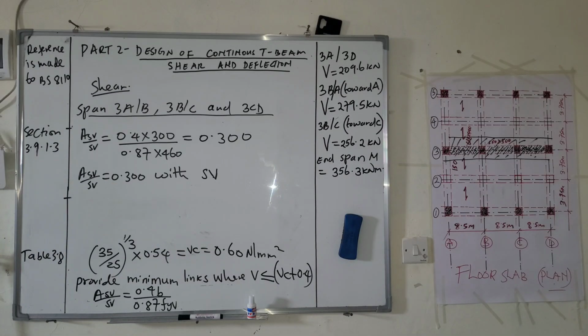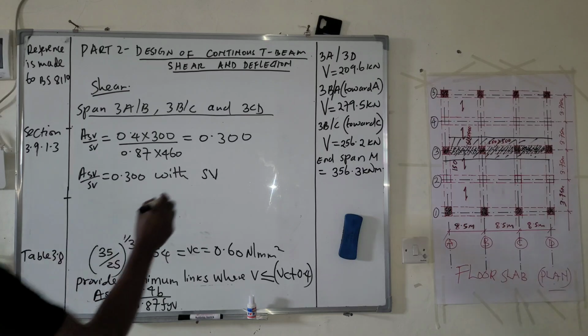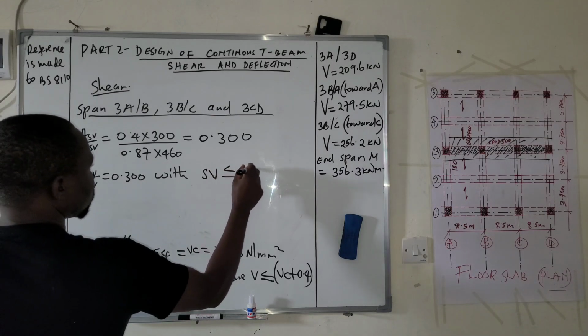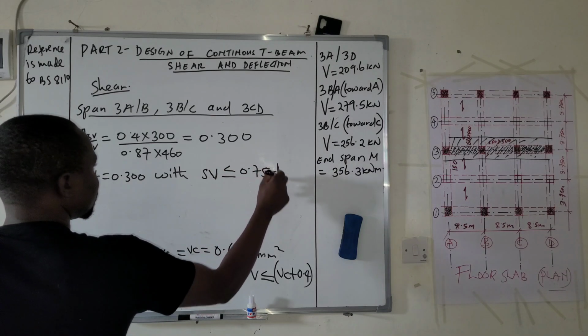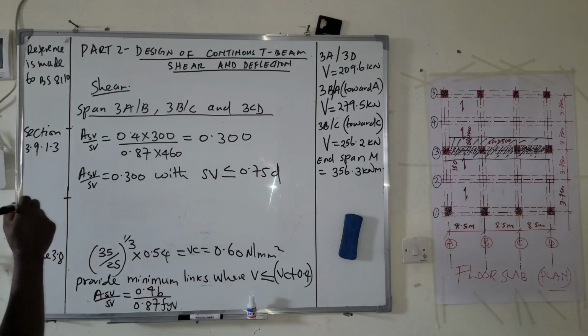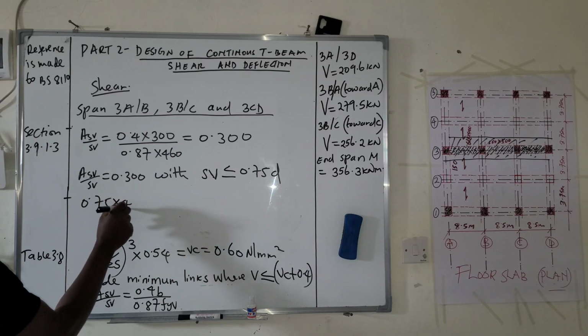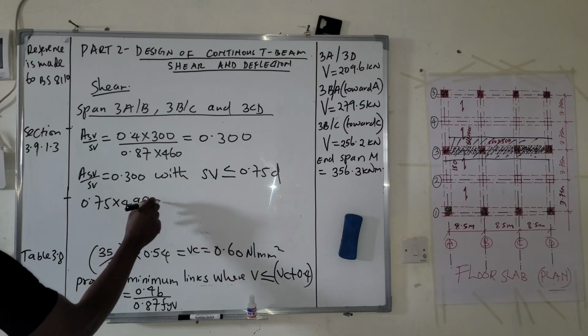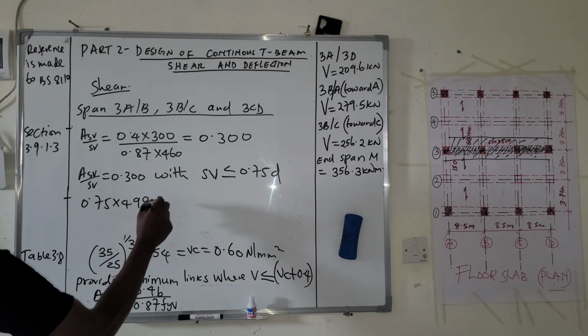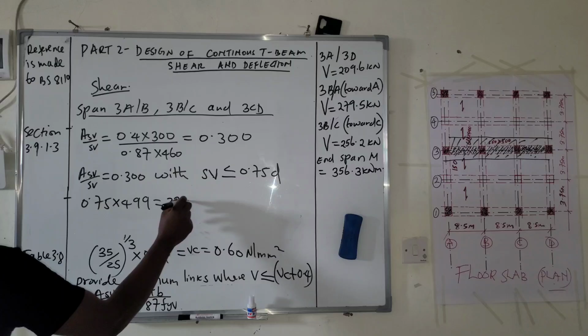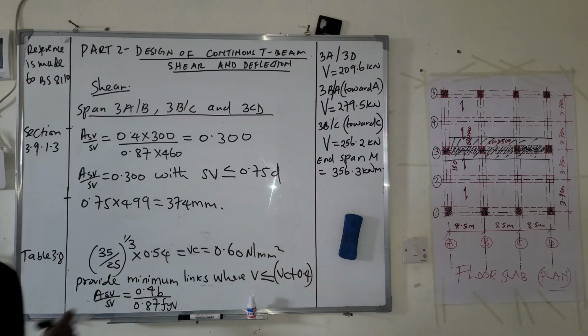So with sv less or equal to 0.75 d, which is 0.75 times 499, is equal to 374 millimeter.